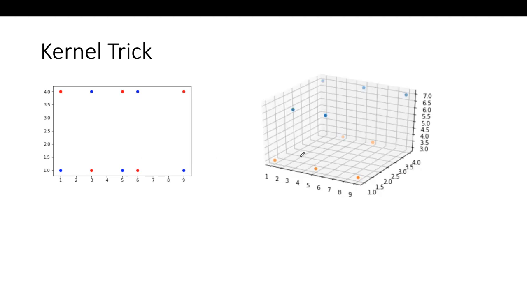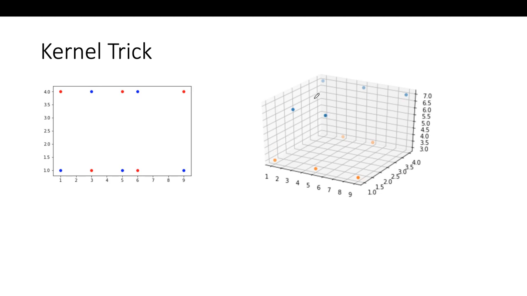Suppose here we add one more dimension, a new feature we find using the kernel function, and then we can see that the points can be easily separated by a linear separator in this 3D space, right?